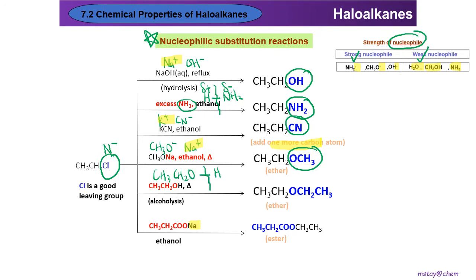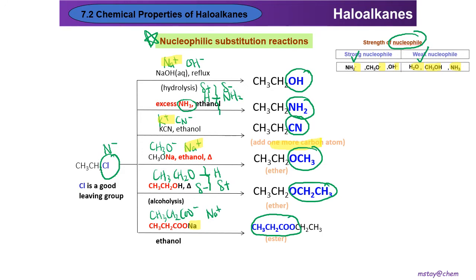As we know again, hydrogen is always the most electropositive. Therefore, the CH3CH2O will be partially negative and will replace the halogen. For the last one, CH3CH2COO- and Na+, the CH3CH2COO- will replace the Cl.